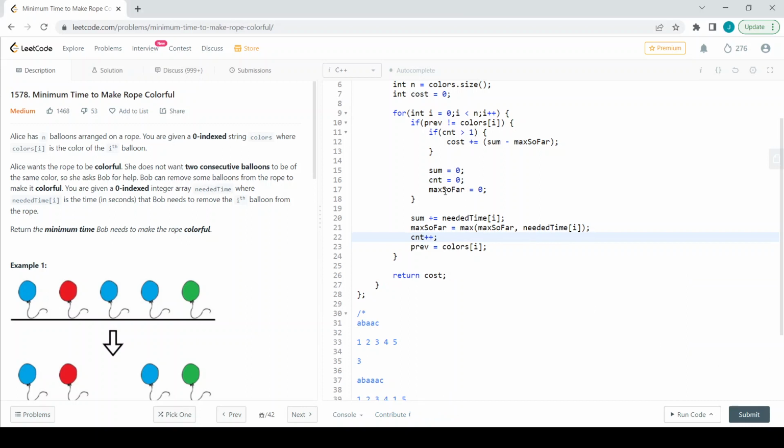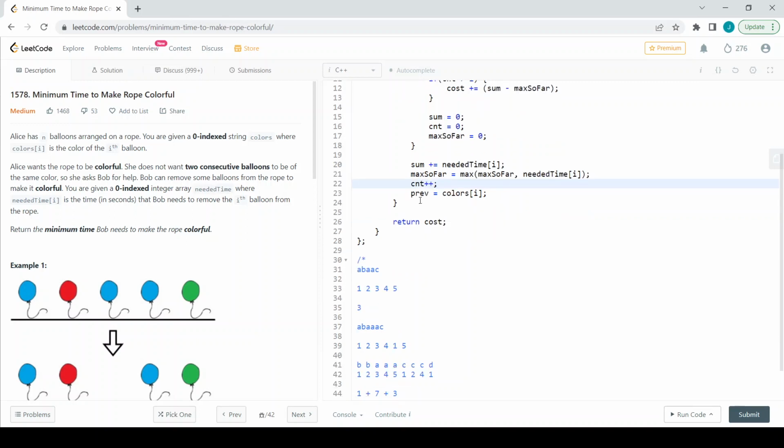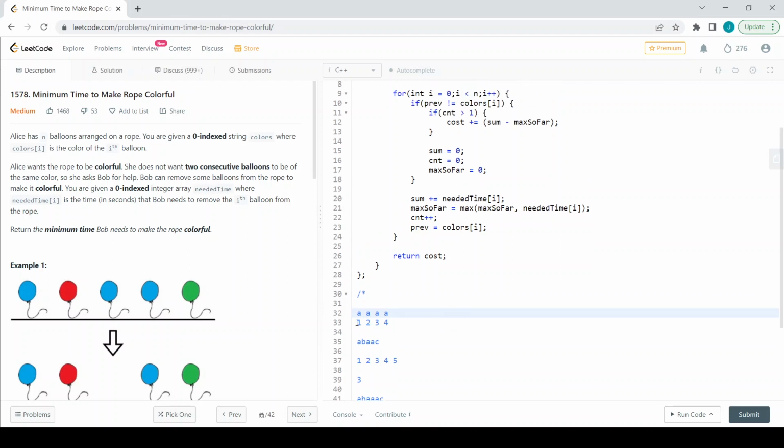Actually, what if we consider one case? What if this is the consecutiveness and the values are 1, 2, 3, 4. Consider we have this. What we will be doing is accumulating this total into our sum, and max so far will be 4. So the total sum will be 4 plus 3, which is 7, plus 2, 9, plus 1, 10.